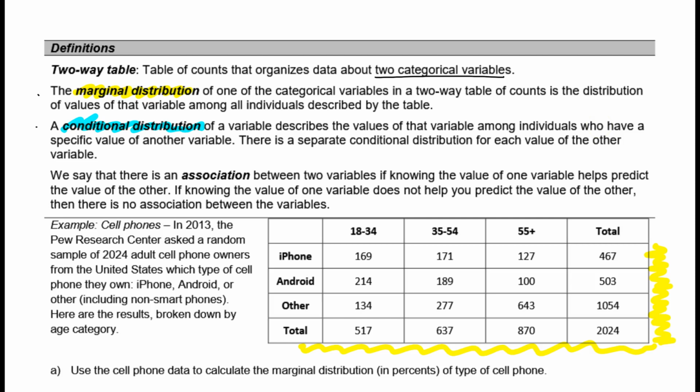There's a separate conditional distribution for each value of the other variable. So conditional distribution is where we start to look at percents within the table. I might look at the percent of each of these values with respect to 517, or with respect to 467. Again, that's the difference between marginal distribution and conditional distribution.